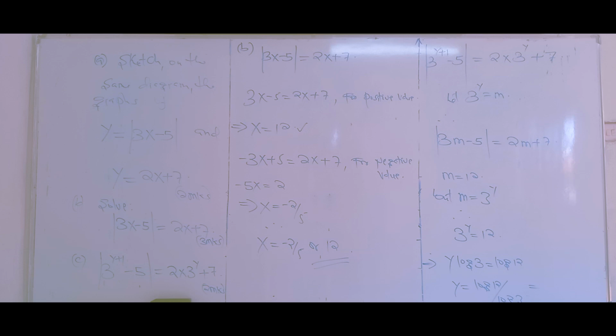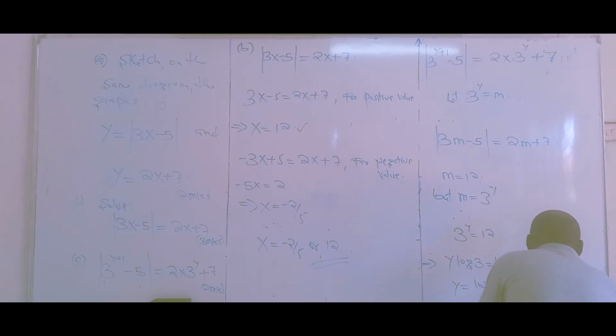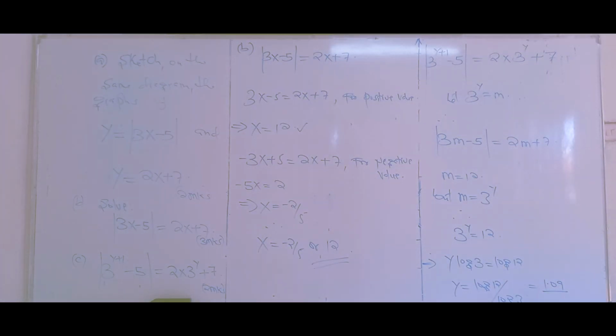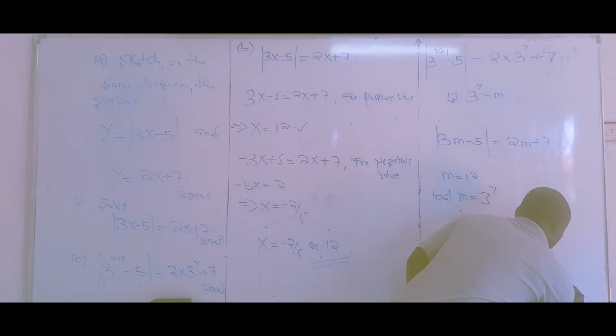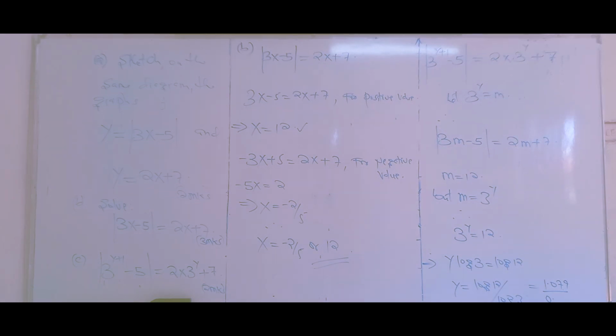Yes, log 12 is 1.079, this you can get from your calculators. 1.079 divided by log 3, which has to be 0.4771.